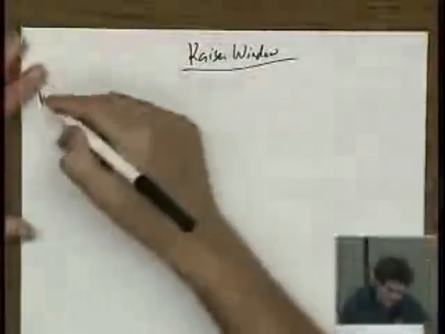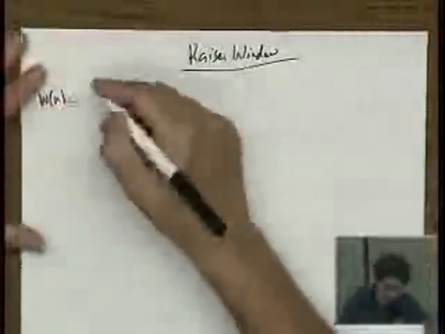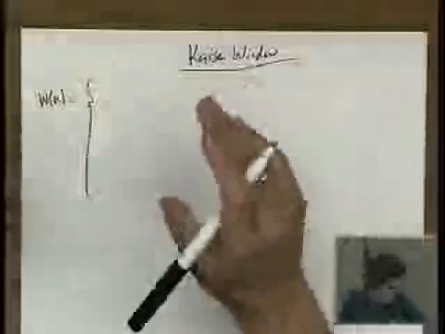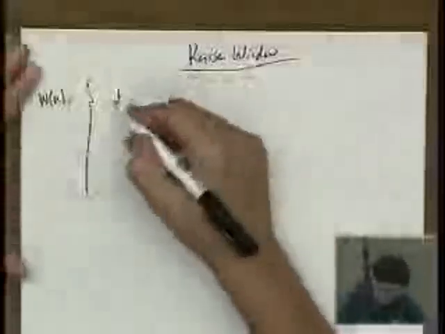And what do I mean by that? Well, he came up with the following shape for his window, and this time don't ask me how he came up with it because it's pretty weird.